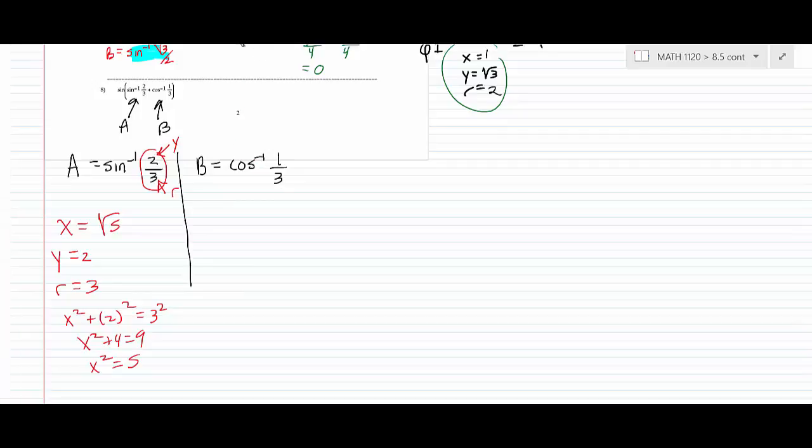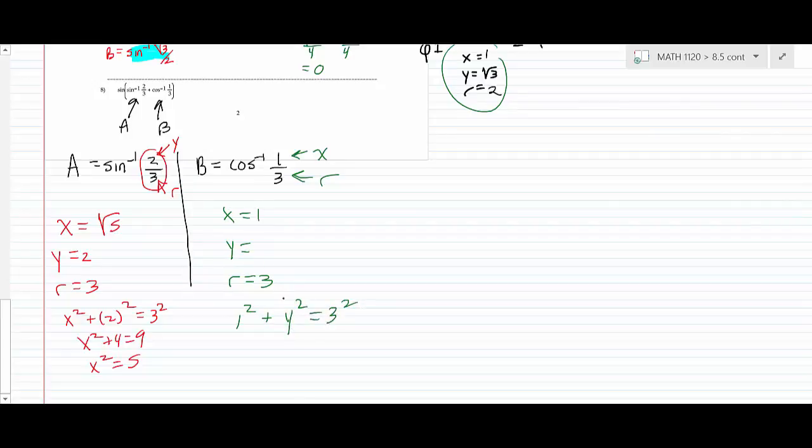Now let's go to the cosine of B. What's the cosine's definition? X over R. So I gave you X and I gave you R. Okay, so let's write it down. X equals 1. We don't know Y, but we can figure it out. R is 3. Okay, again, it's Pythagorean Theorem. So you would have X squared plus Y squared equals R squared.